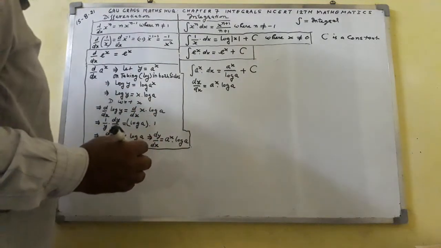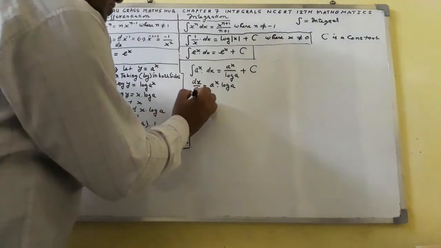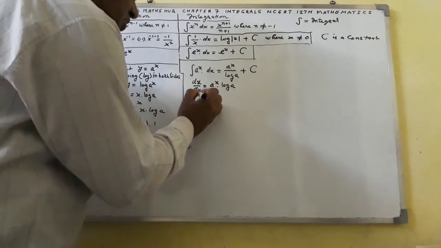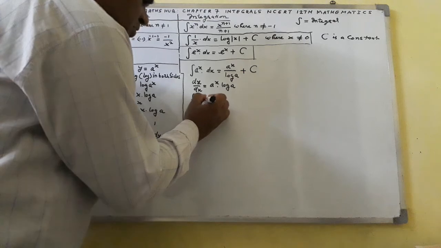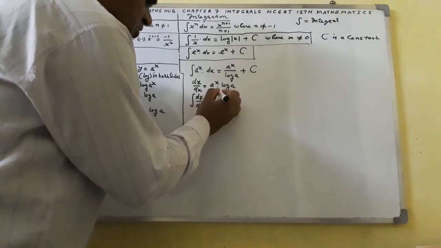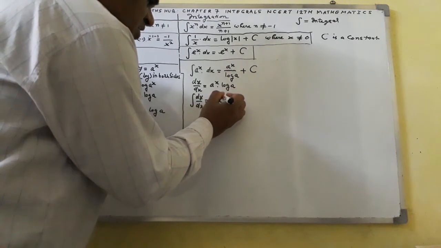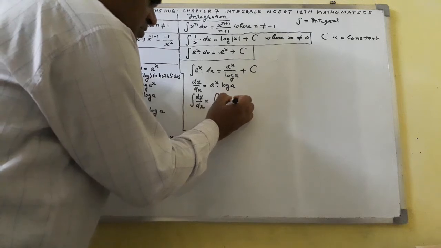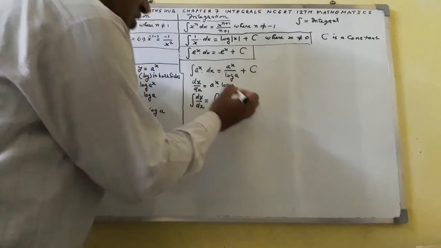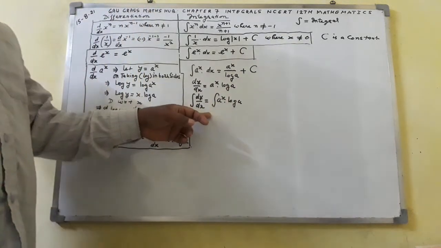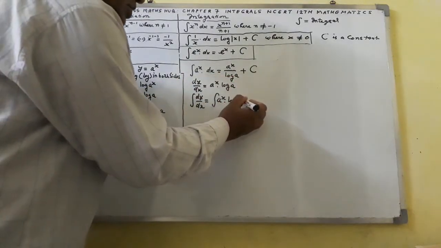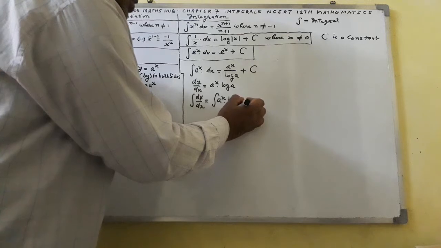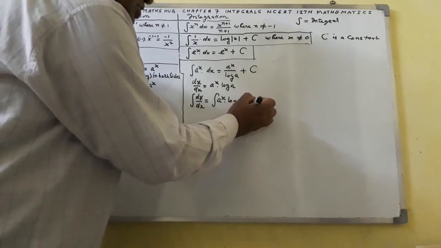I am taking the integral on both sides. You will get the integral of dy over dx equals the integral of a raised to the power x dot log a. Since I have written the notion of integral, here write dot dx, in terms of x.